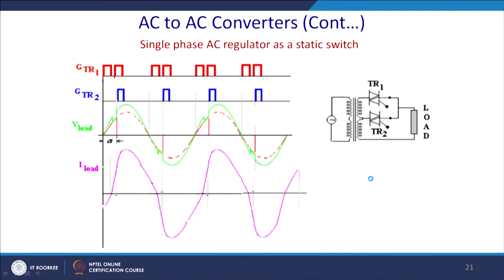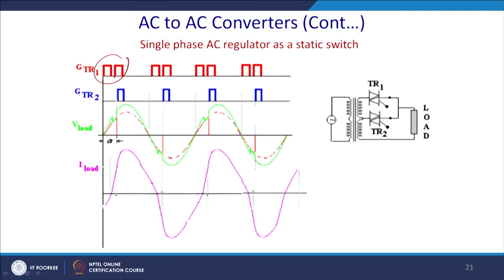So, you can have a single phase AC to AC converter. Here you are getting these thyristors, and this is essentially a tap changer, which is frequently used in our transformer applications for regulating the load voltages. So, this is where you are getting TR1. Once you are getting TR1, a single phase regulator as a static switch will work.